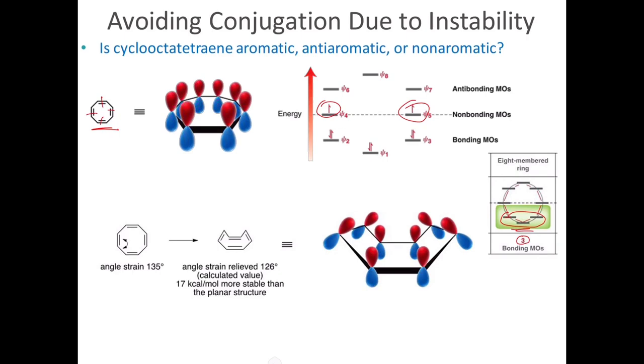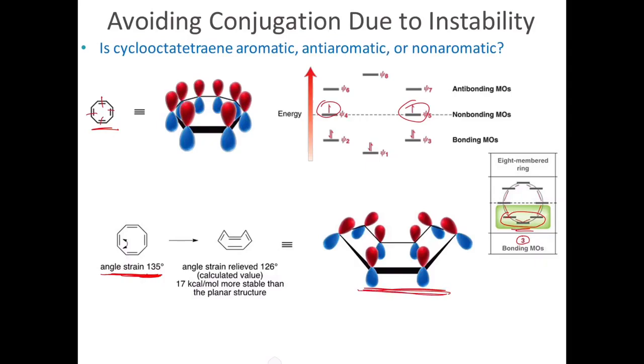And it turns out that this compound is actually non-planar. If you force it to be planar, then there is a ring strain of about 135 degrees. So therefore, it prefers to be in a tub shape.